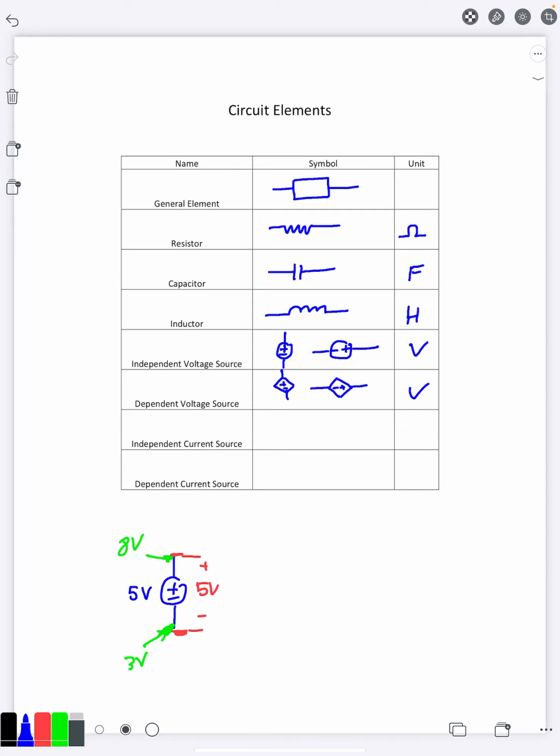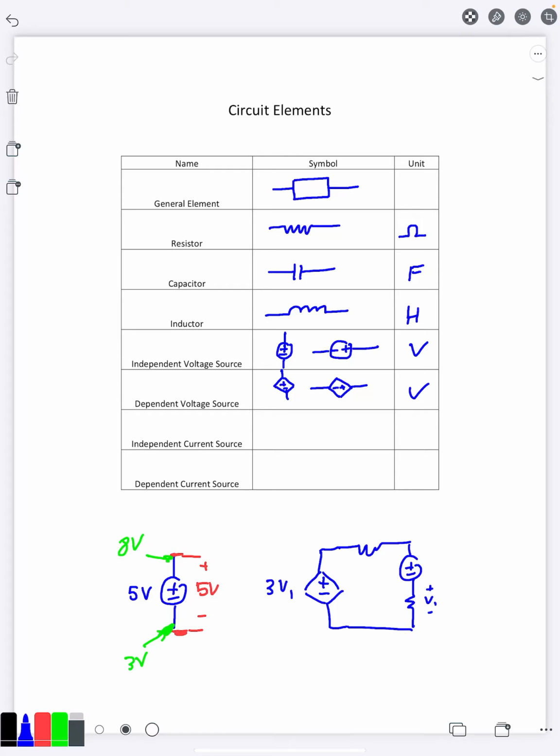So maybe you have, let me make up a problem here. And let's say I'm going to measure the voltage across this resistor, V1. Maybe I will have this dependent source that says that the voltage on that source is equal to 3 times V1.